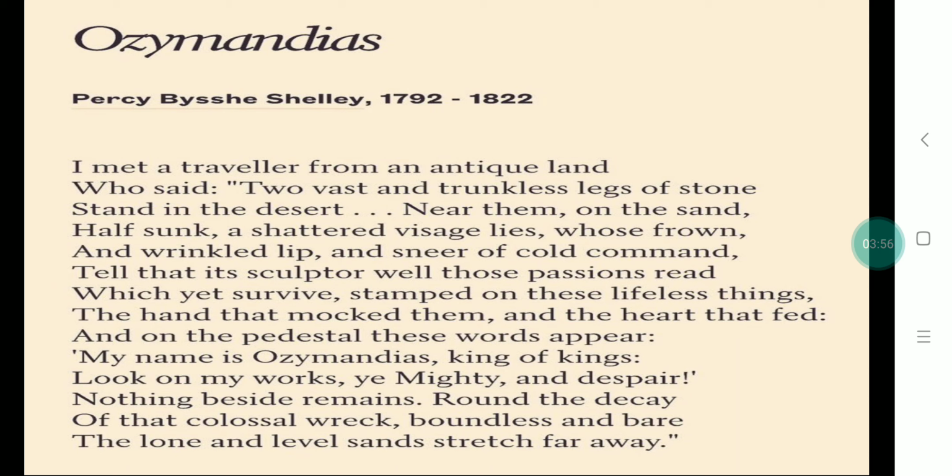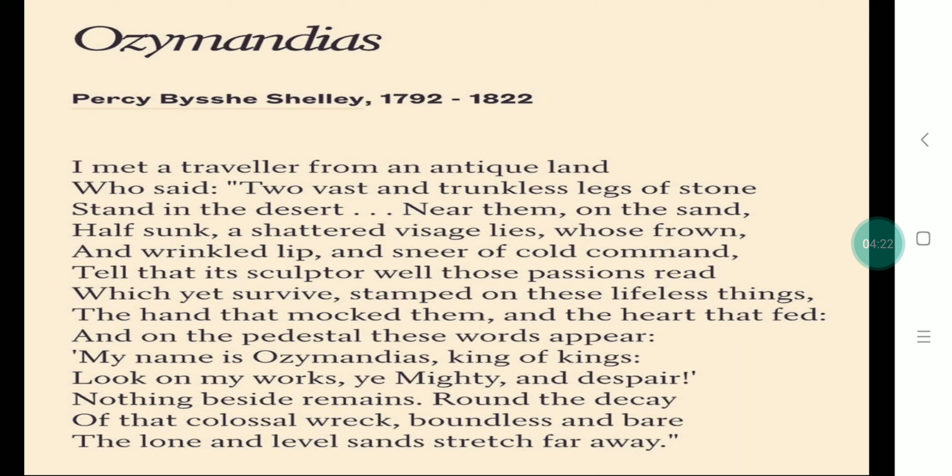A broken face was lying, and that face looked frowned. Looked frowned means that face looked angry. That means near those legs, a head was lying there, half inside the sand and half visible, and the face of that head was frowned.